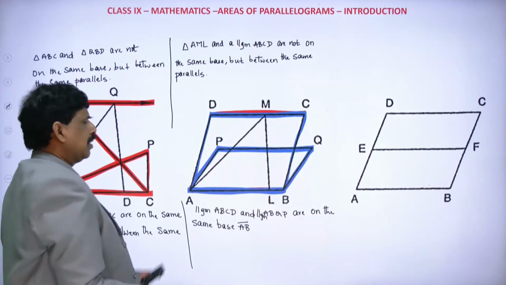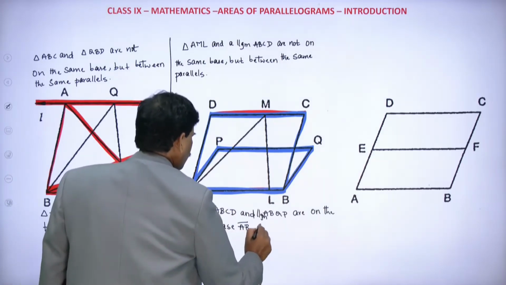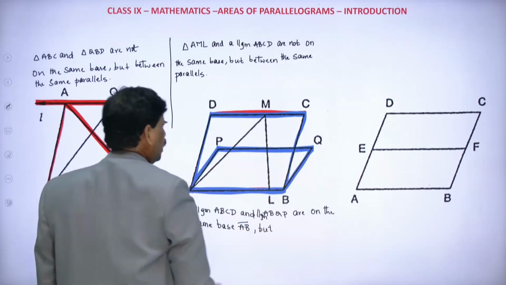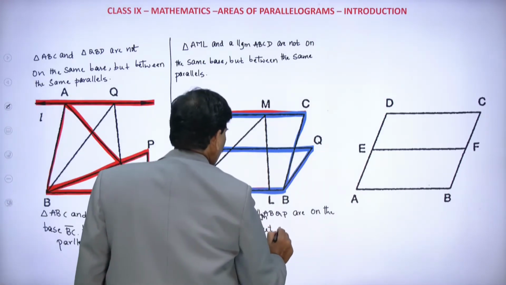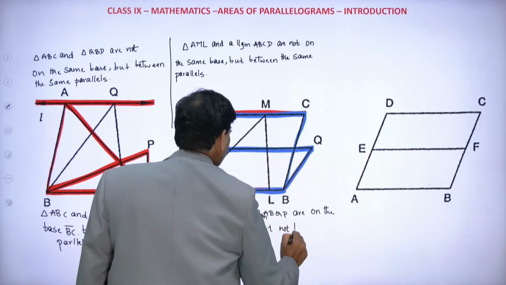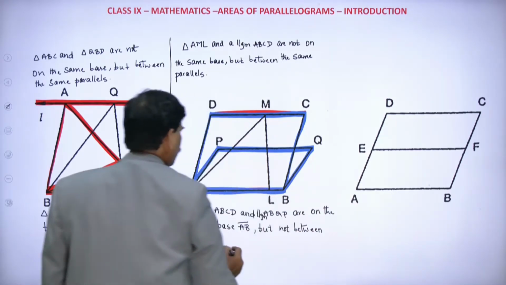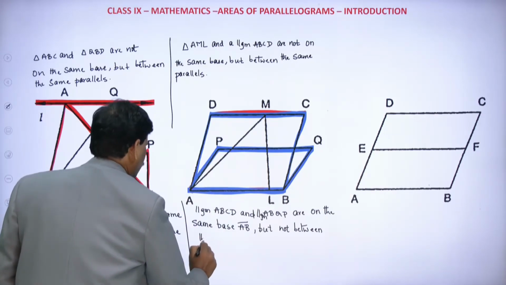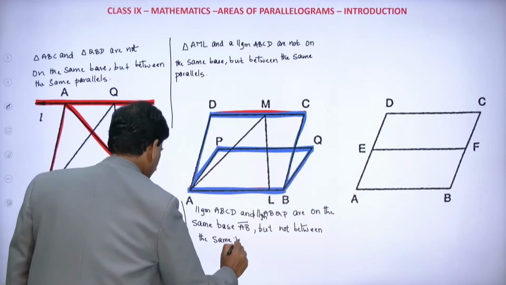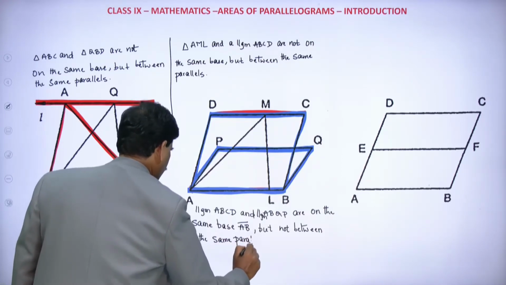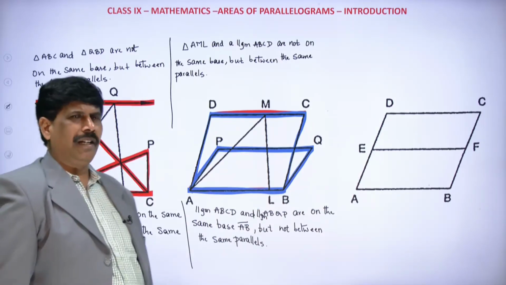What is that common base? They are on the same base AB, but are they between the same parallels? But not between the same parallels. They are not between the same parallels.